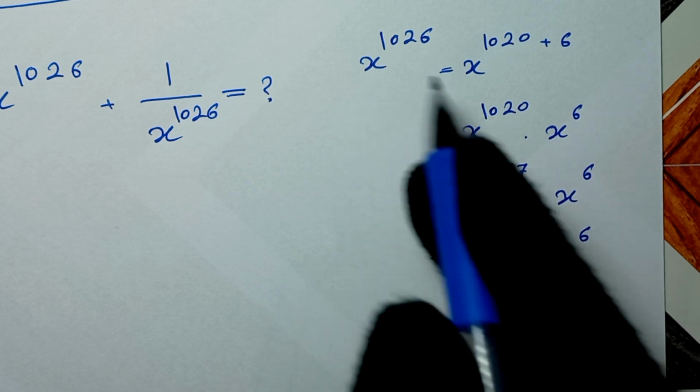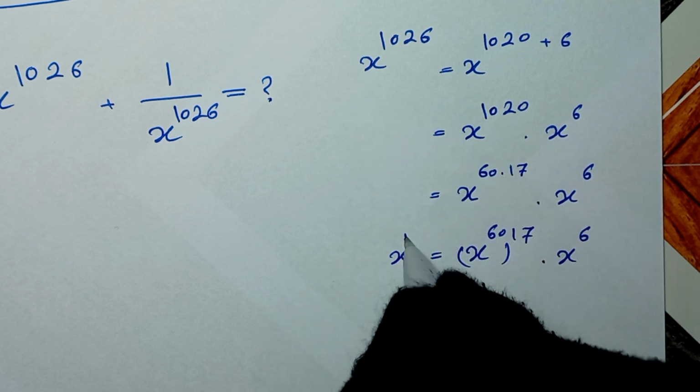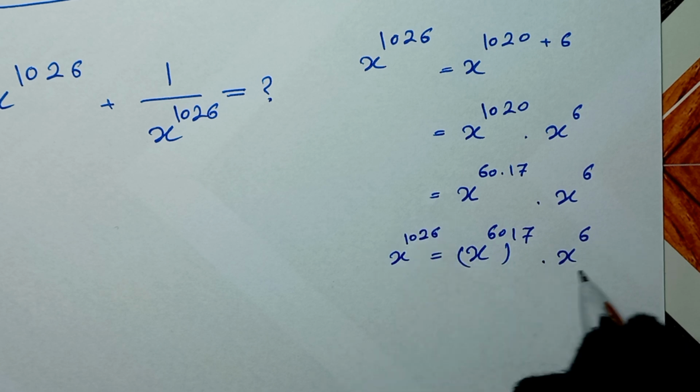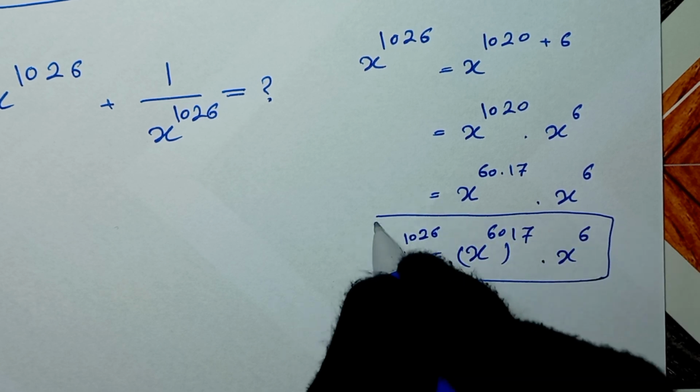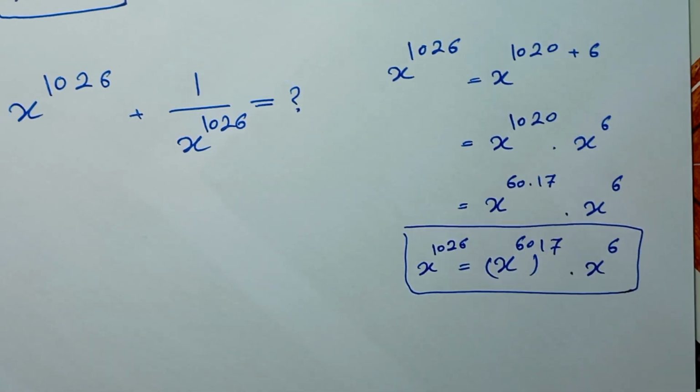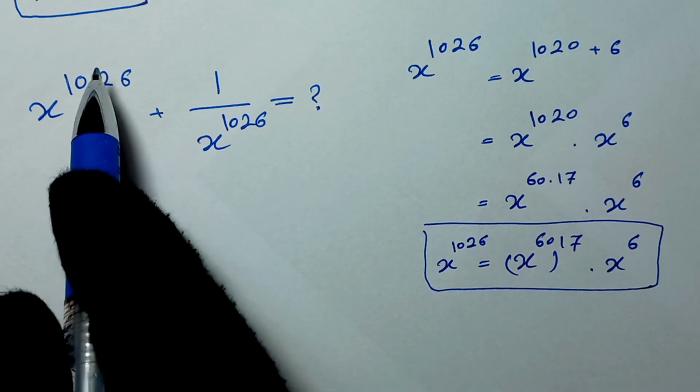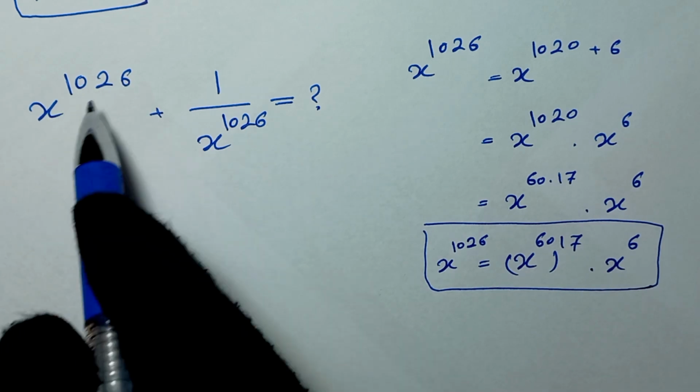So in here, x to the power of 1026 is equal to this. And here, we write this x to the power of 1026 in this form.